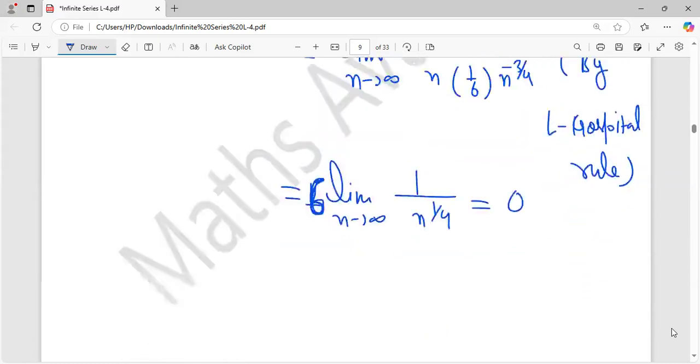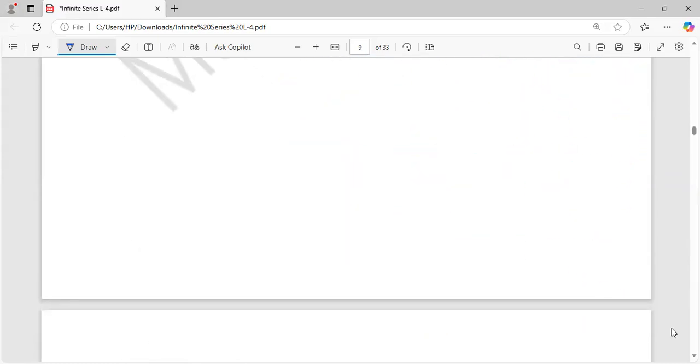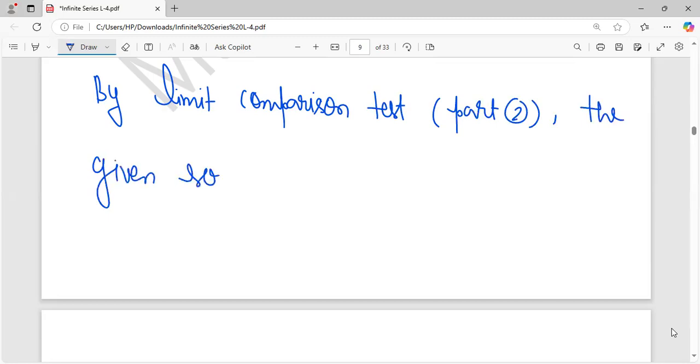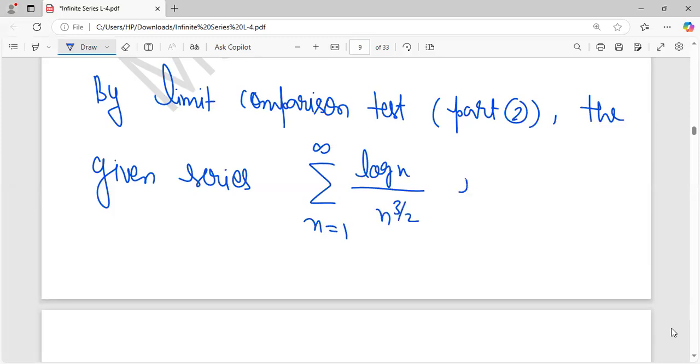So this limit is coming 0. Now by limit comparison test part 2, the given series summation n goes to 1 to infinity log n upon n to the power 3 by 2 is convergent. Okay, this is convergent.